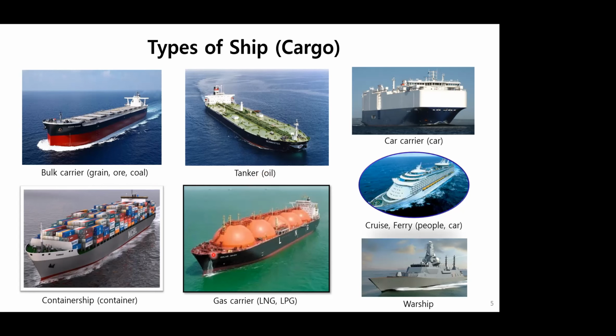Likewise, container ships carry containers, gas carriers carry LNG or LPG, car carriers carry automobiles, and cruise ships and ferries carry people and cars. Warship is for battle. The overall shape and characteristics are similar, but the internal structures may be quite different from each other, depending on the cargoes and their functions.